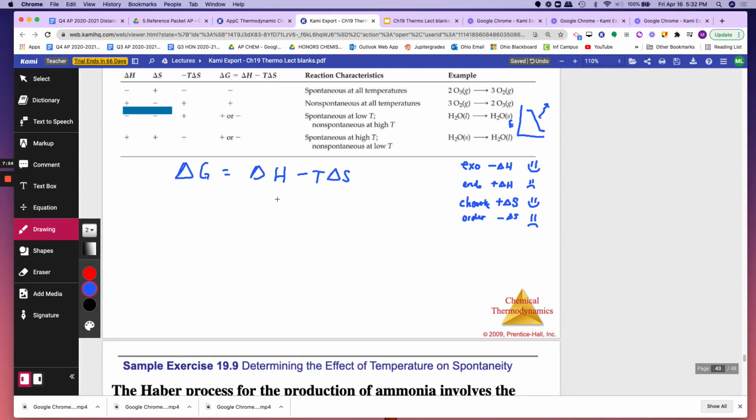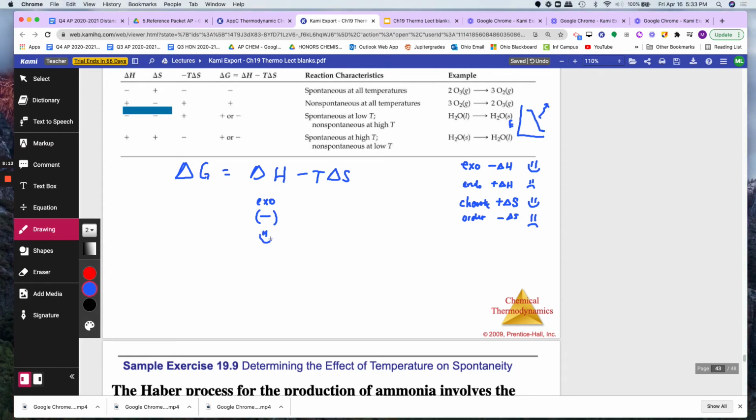Okay, so let's go ahead and look at the happiest scenario. If delta H is exo, it is negative. That is a happy face. That's good.